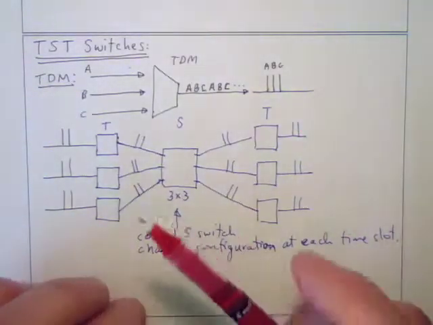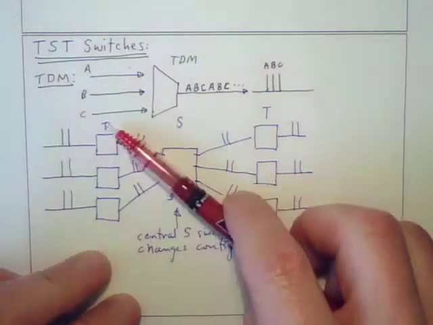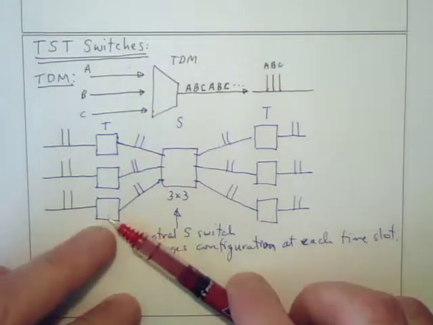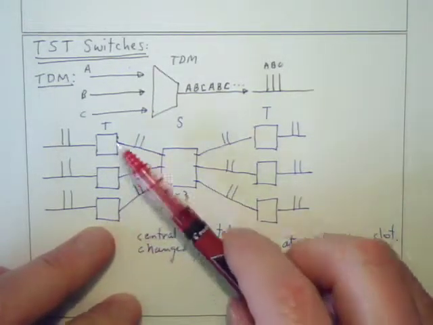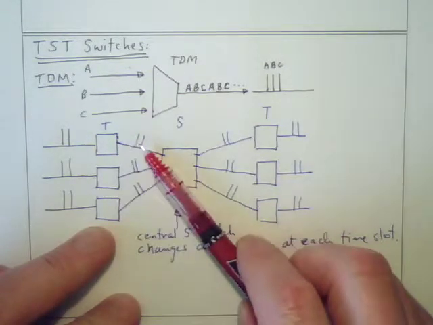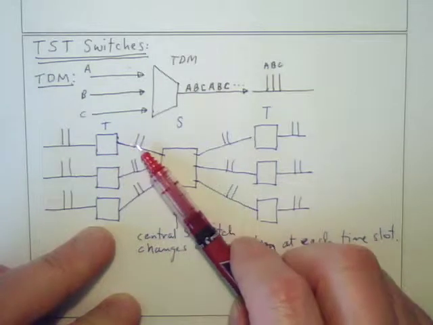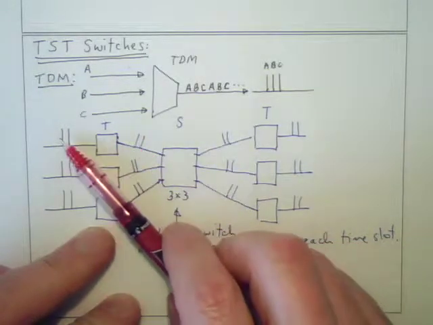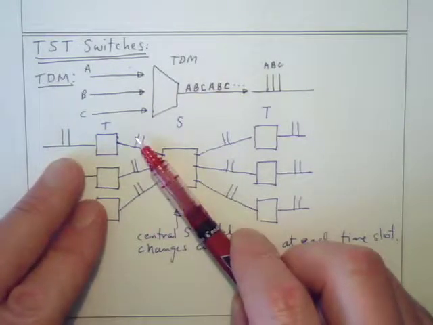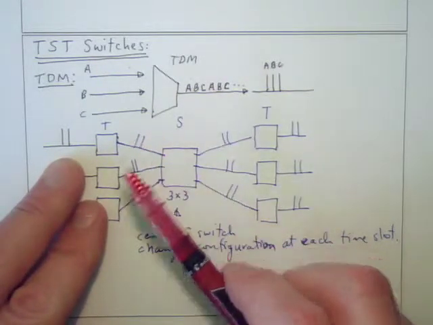I'll draw it like this. The first stage is labeled a T stage, and this first stage is doing time slot interchange. When you have only 2 time slots, either you're keeping them as they were, or you're switching the two, meaning that time slot number 1 on the input could be mapped to either time slot number 1 or time slot number 2 on the output.